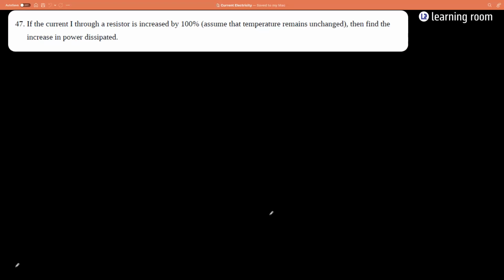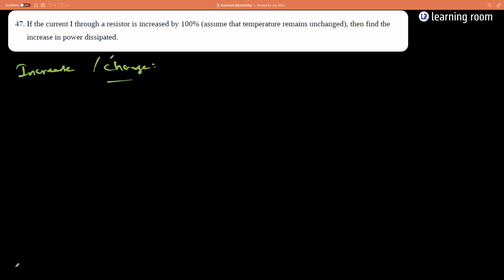So if the current I through a resistor is increased by 100%, then find the increase in power dissipated. So what does increase or change mean?